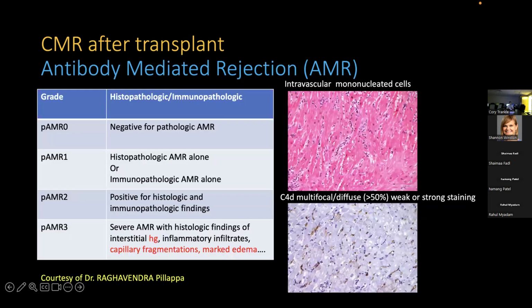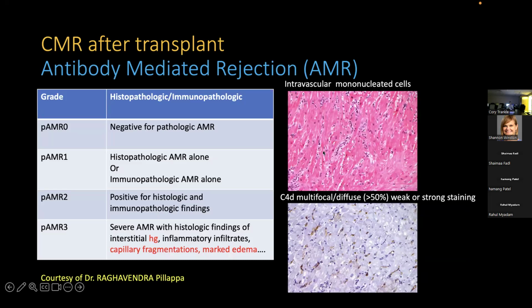Antibody-mediated rejection is when there is antibody-mediated rejection against the cardiac myocytes and donor antigens, and it can also be classified 0, 1, 2, 3. 0 is negative, but this rejection is based on positive histopathologic findings and immunopathologic stain as well.